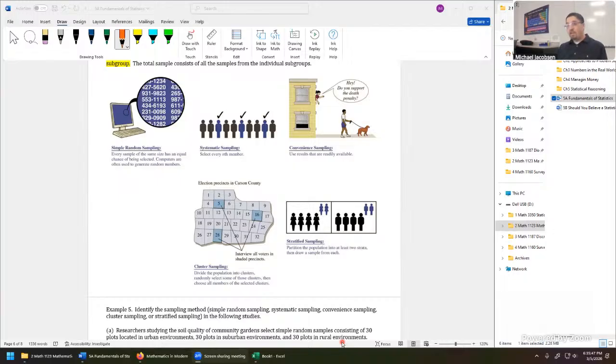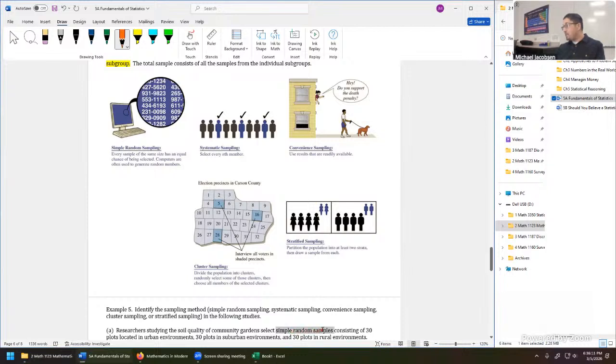That starts to look like stratifying, much like in this image, male versus female, or in the ISU example, it could be freshman, sophomore, junior, senior, graduate, or the various different colleges. We divide up the population into strata. Here, the strata were urban, suburban, and rural. But there's another critical thing.